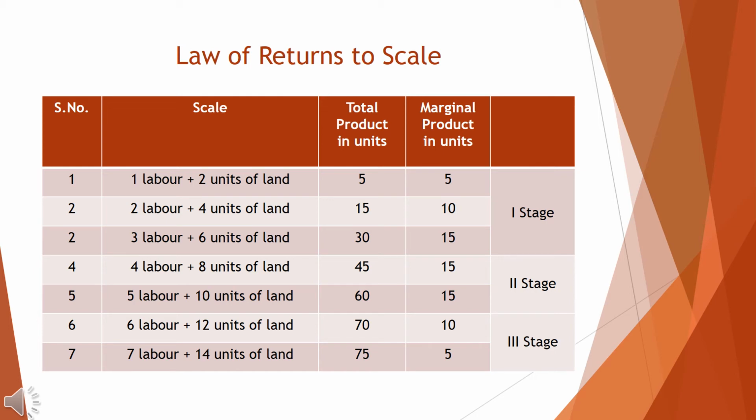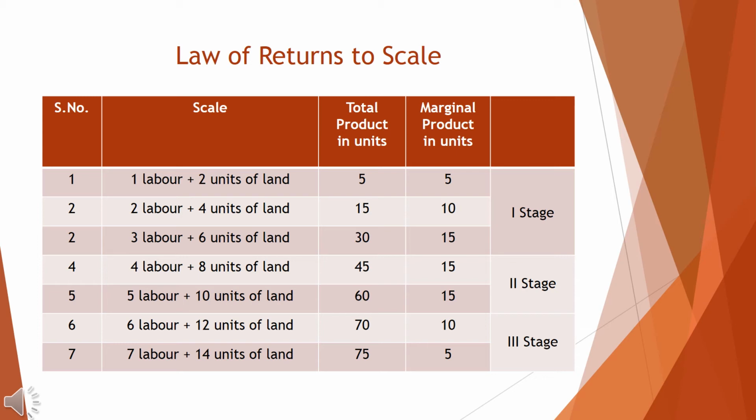The above table shows that in stage 1, the total product increases more than proportionately, that is, marginal products are 5, 10 and 15. Hence, stage 1 reveals increasing returns to scale. In stage 2, the total product increases proportionately, that is, marginal products are 15 and 15.